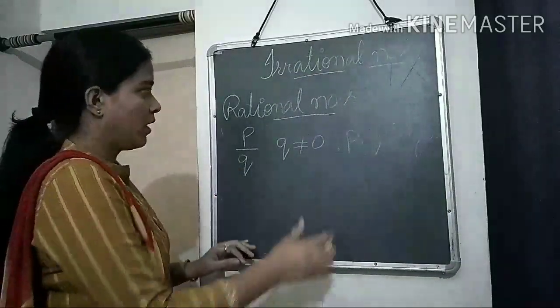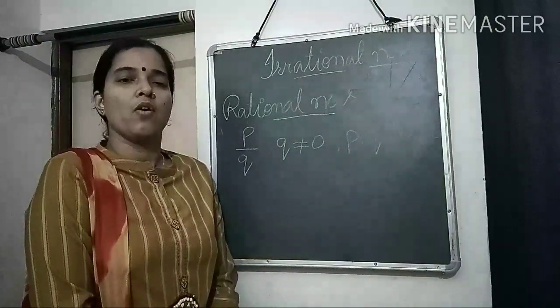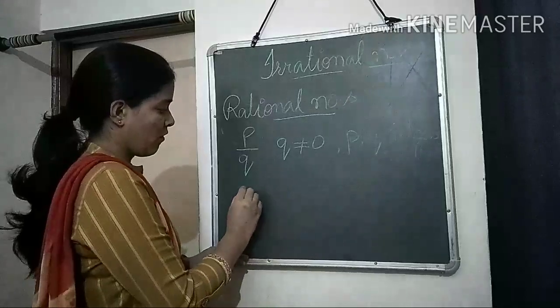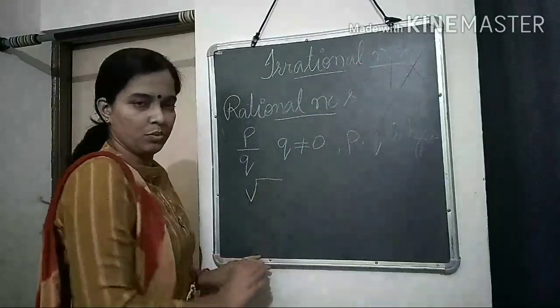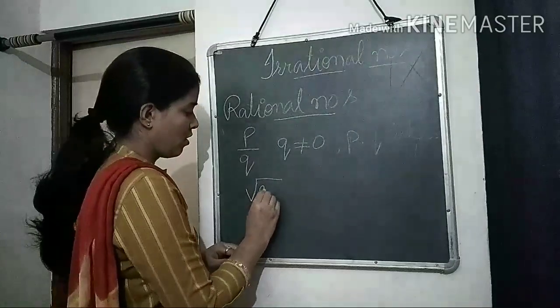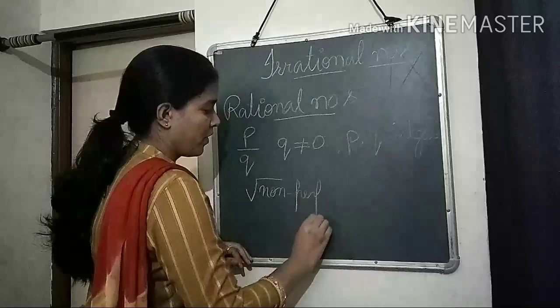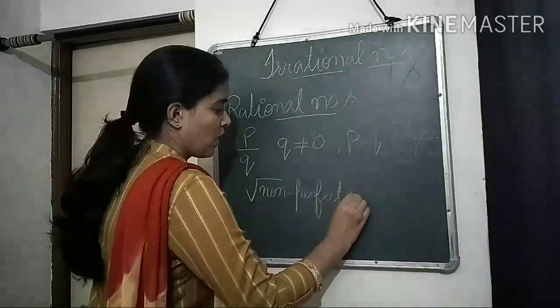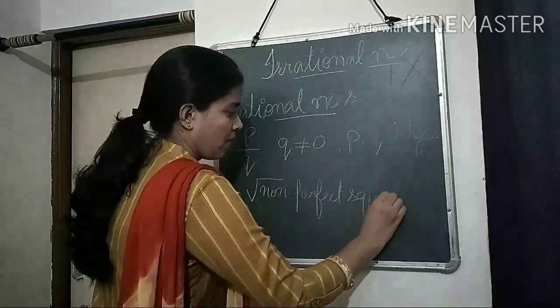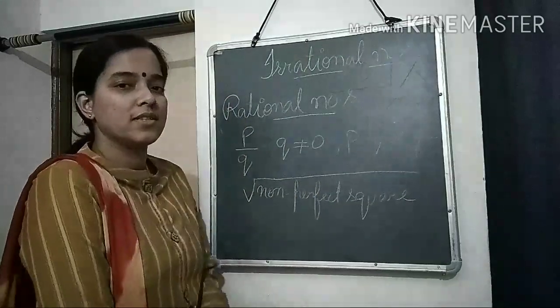Now, in the case of irrational numbers, we have all the numbers which are under root of non-perfect squares. Now what does it mean?